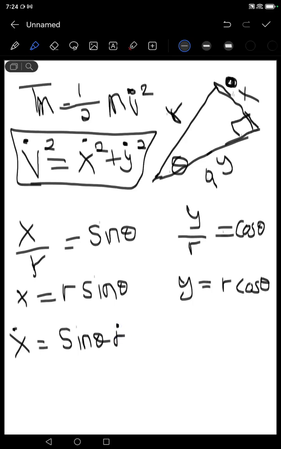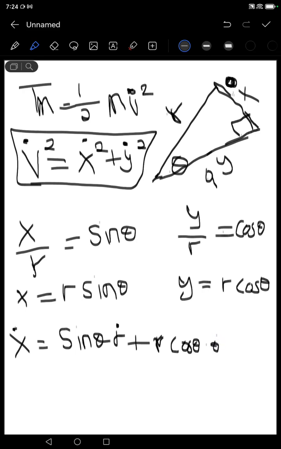Okay, and now after plus, remember we started by copying sine, now we're going to start by copying what? R, and derivate what? Sine. So the derivative of sine is what? It's cos. So it's going to be r, we copy r, and then we derivate sine, so it's going to be cos of theta multiplied by what?